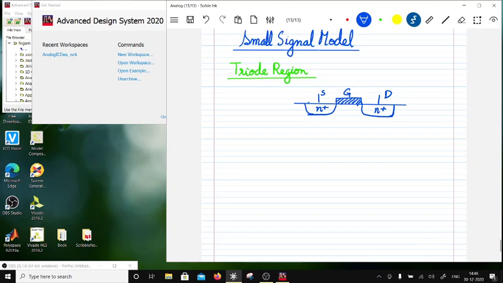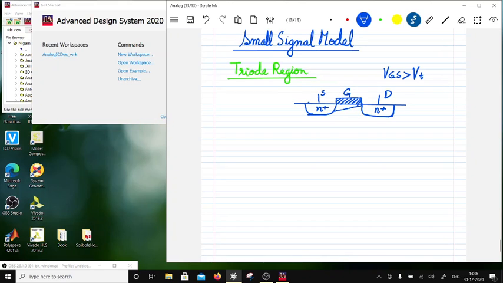So let's say as I keep on increasing VGS, VGS is greater than VT, so in that condition the channel has appeared. Now I have applied VDS, and that VDS has resulted in a trapezoidal nature of the channel, but the channel exists between source and drain, so the channel is connected to both source and drain.